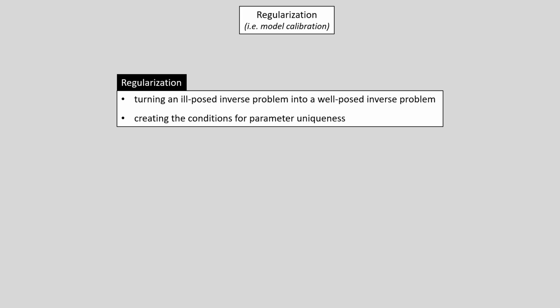So we're seeking uniqueness. That doesn't translate into correctness of the estimated parameter field, but we want something that is unique and that has certain desirable properties. And ideally, regularization gives us uniqueness coinciding with the attainment of those desirable properties.